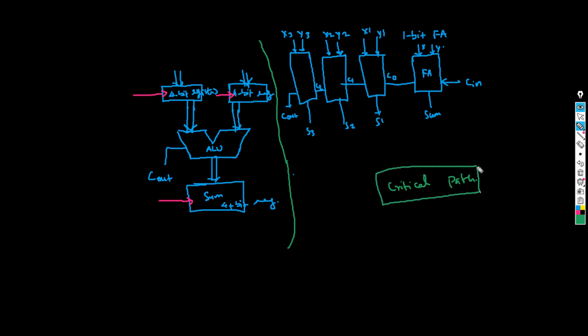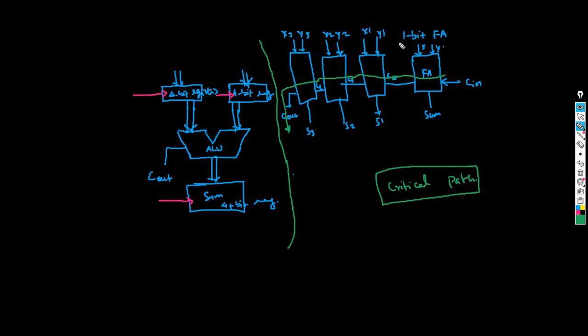What does critical path mean? Anything with higher delay that is going to hit your performance, we call it a critical path. In this case, x and y are not at all critical because they can be calculated directly. But the carry-in, this is the critical path.